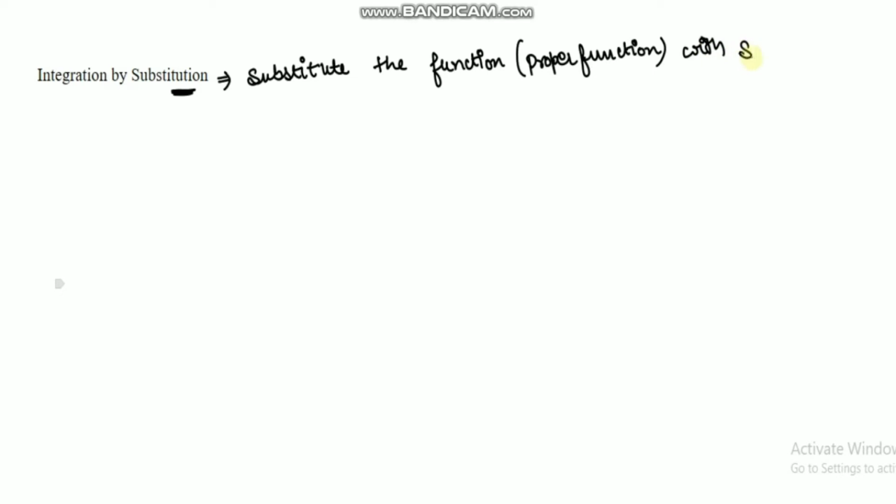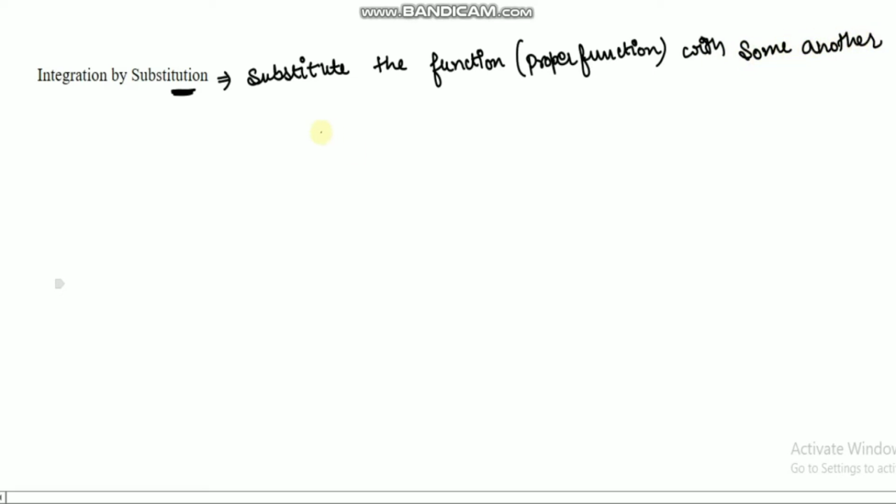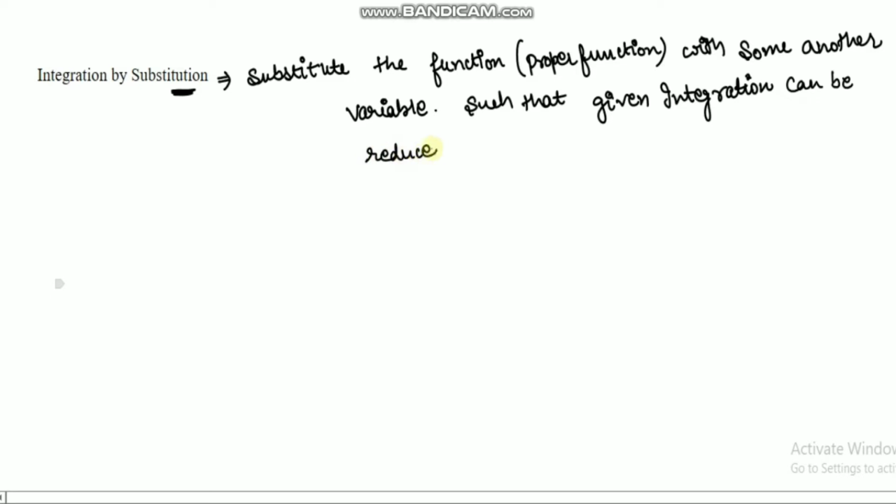As the name suggests, the substitution, that is, we have to substitute the function, or you can say a proper function, with some another variable such that our given integration can be reduced to some standard form.